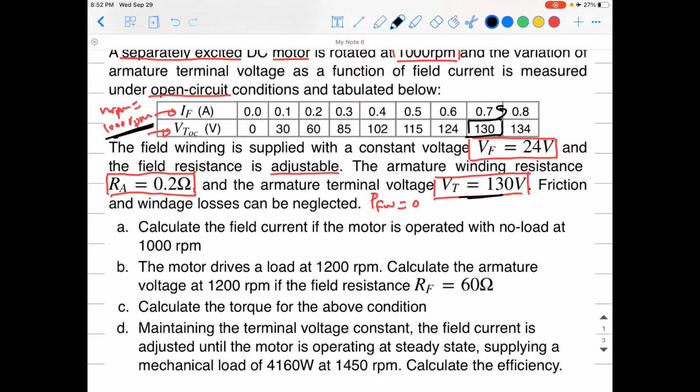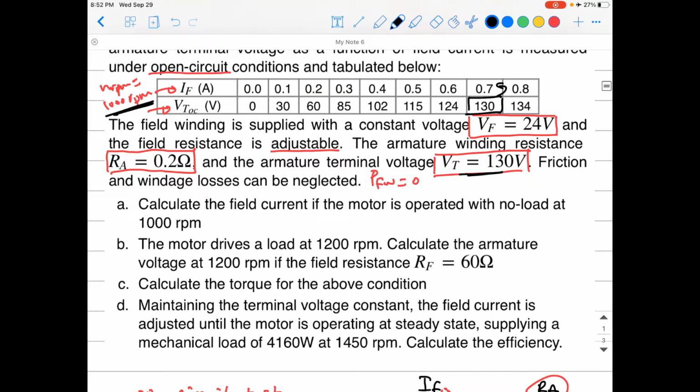Nice. Then let's jump to number B. The B is saying the motor drives a load at 1200 RPM. Now it's not at no load anymore. It has a load, and this load is now working at a different speed, 1200 RPM. Calculate the armature voltage at 1200 RPM if the field resistance is 60 ohms. It's now giving you a value for the field resistance.